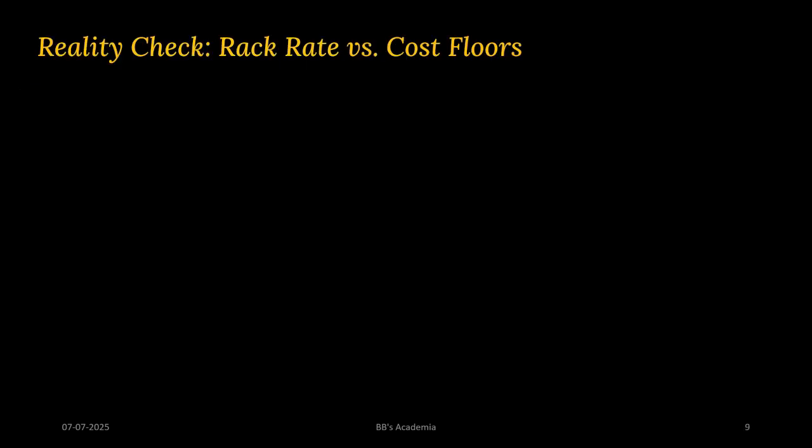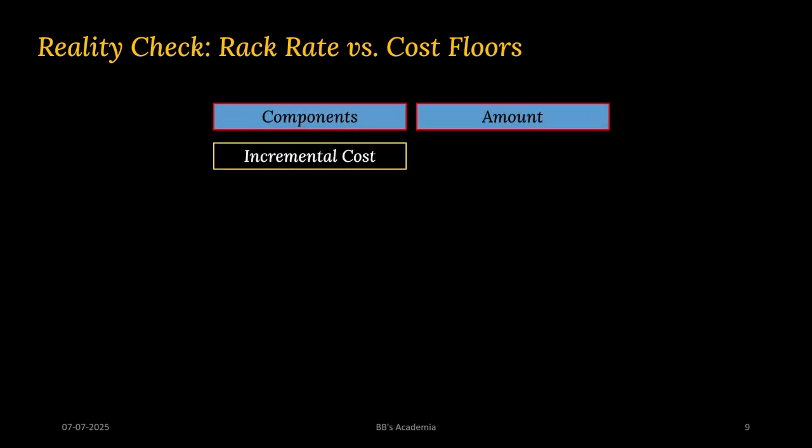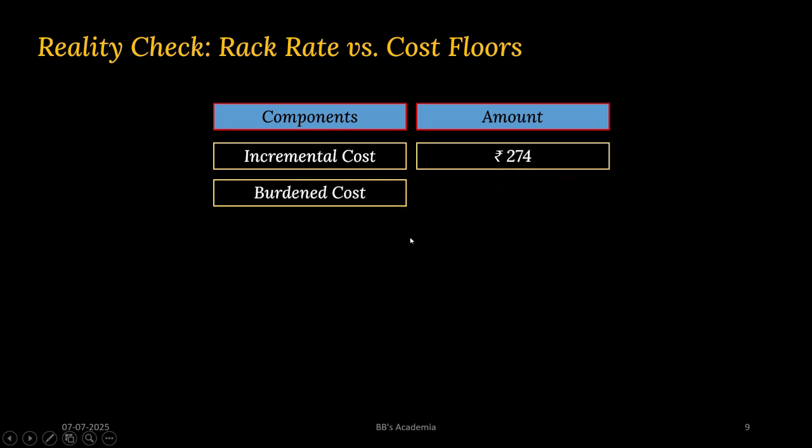Now let us do the reality check. What is the reality check? Rack rate versus cost floor. What are the different costs we have calculated? First component was the incremental cost. The amount is rupees 274. Then is burden cost, and the amount, if you remember, is rupees 1096.